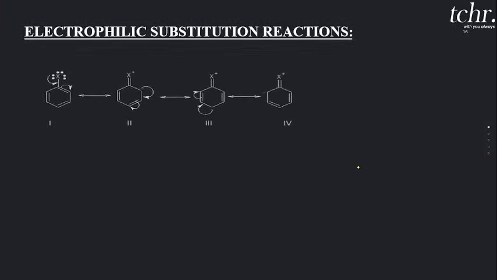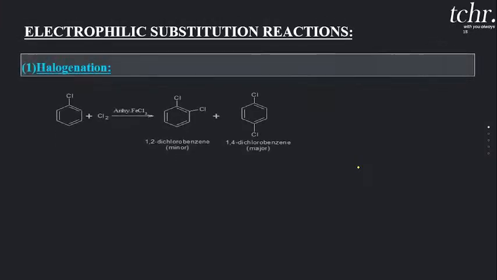So based on this electrophilic substitution reactions, there are various types: halogenation, nitration, sulfonation, Friedel-Crafts alkylation, Friedel-Crafts acylation. So all these electrophilic substitution must be known to you.